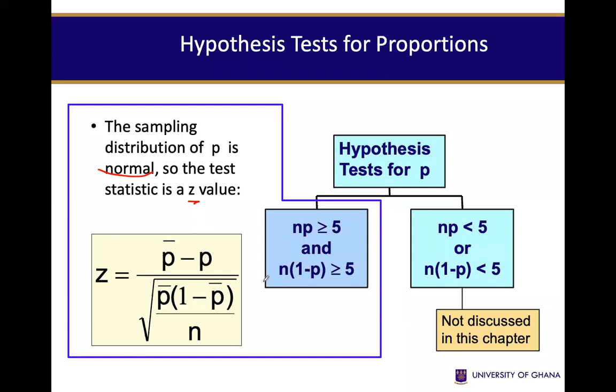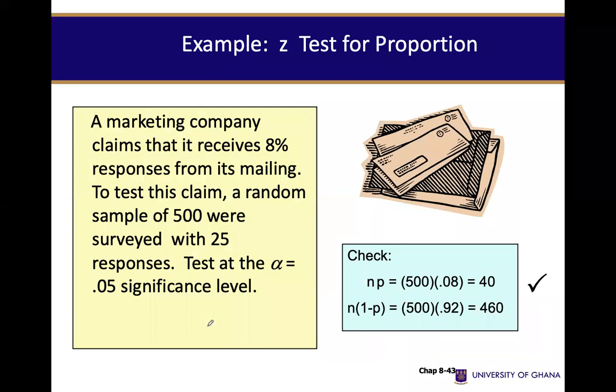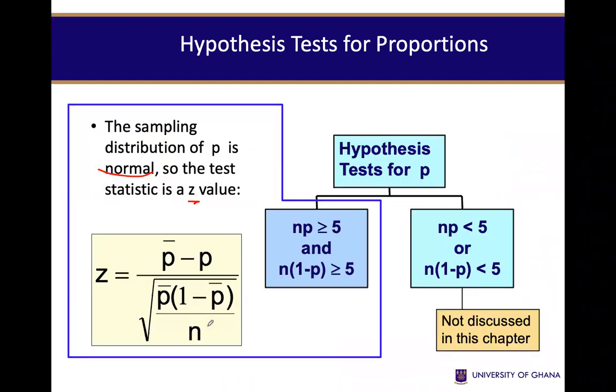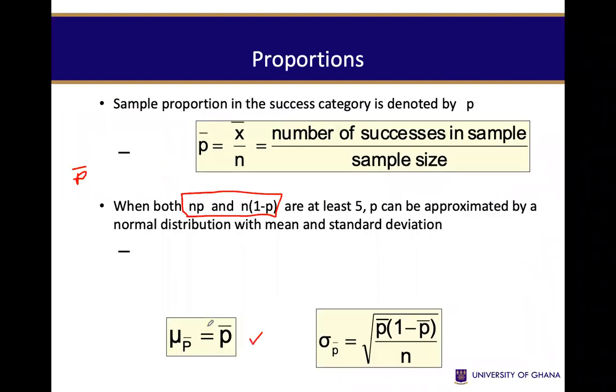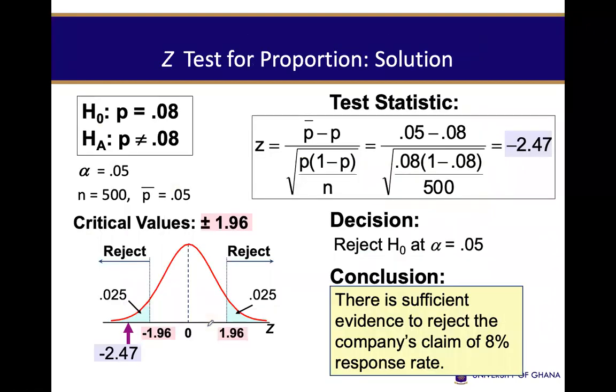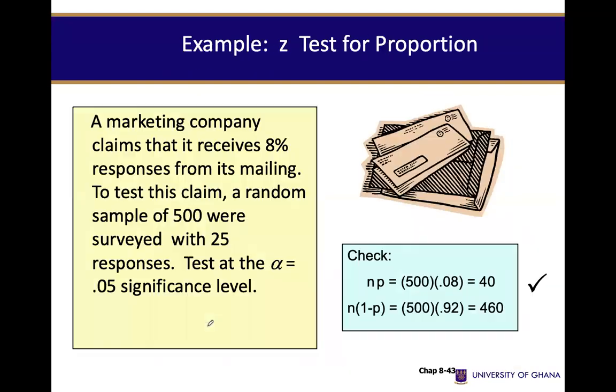Then we take the standard error, which is p bar into 1 minus p bar divided by the square root of n. Okay, so we would take an example, and then we will solve it. Okay, so a bit of a correction here.